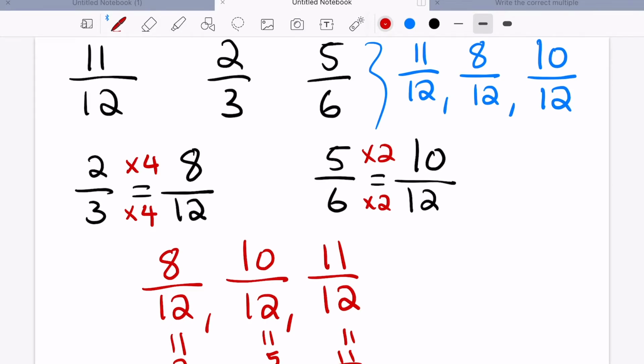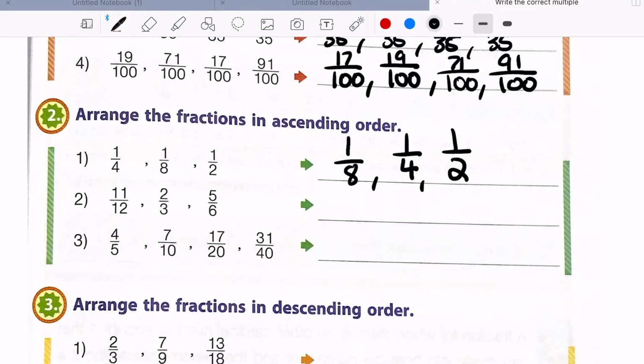So this stays the same. So we're just going to write 2/3, 5/6, 11/12. So let's take a look at number 3.